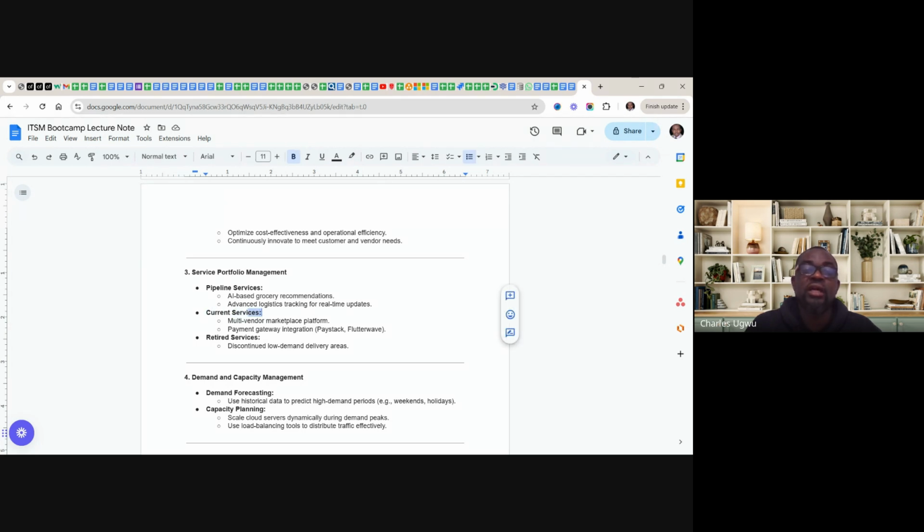So once we understand this, we need to make sure that this current service is running effectively. Like I told you what happened here: because of our payment gateway, we lost our relationship with our payment processing partners, and that put us out of business.